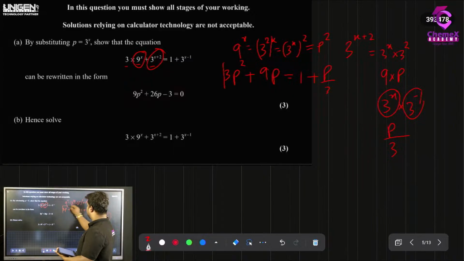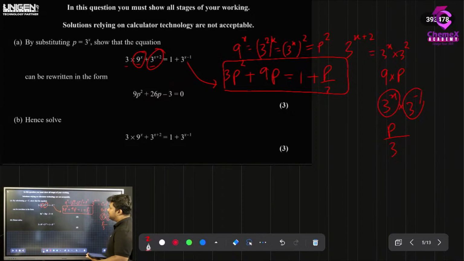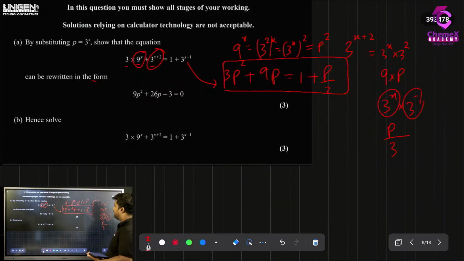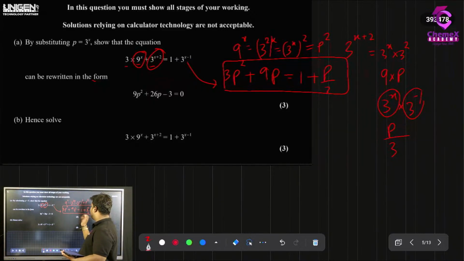So this is the equation in terms of p. Then it can be written in this format. So what can you do to write it in that format? We can take everything to one side and multiply by 3.